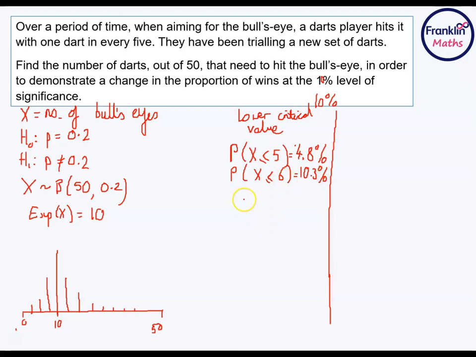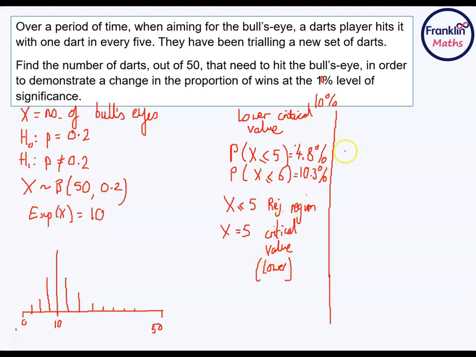So in this case, x is less than or equal to 5. That's your rejection region. And this one here is the critical value, the lower one.